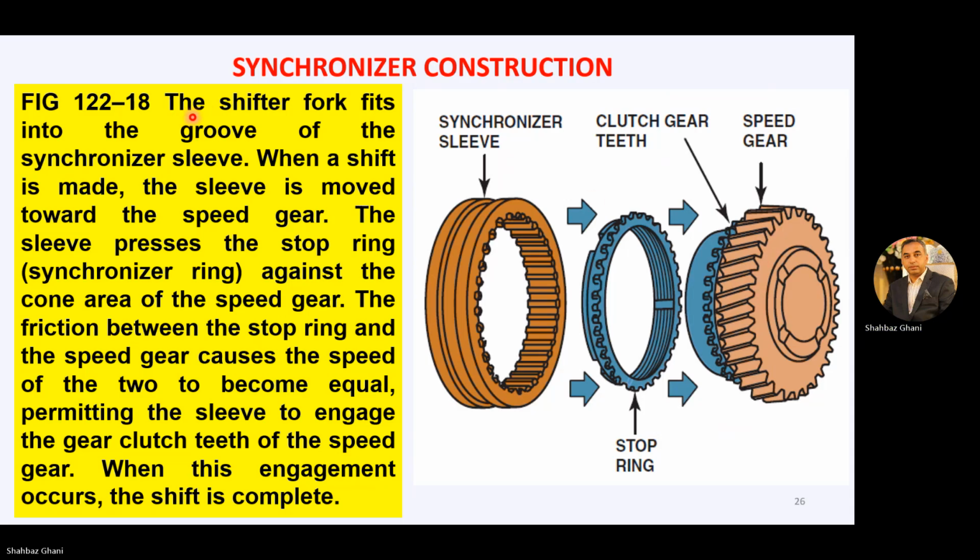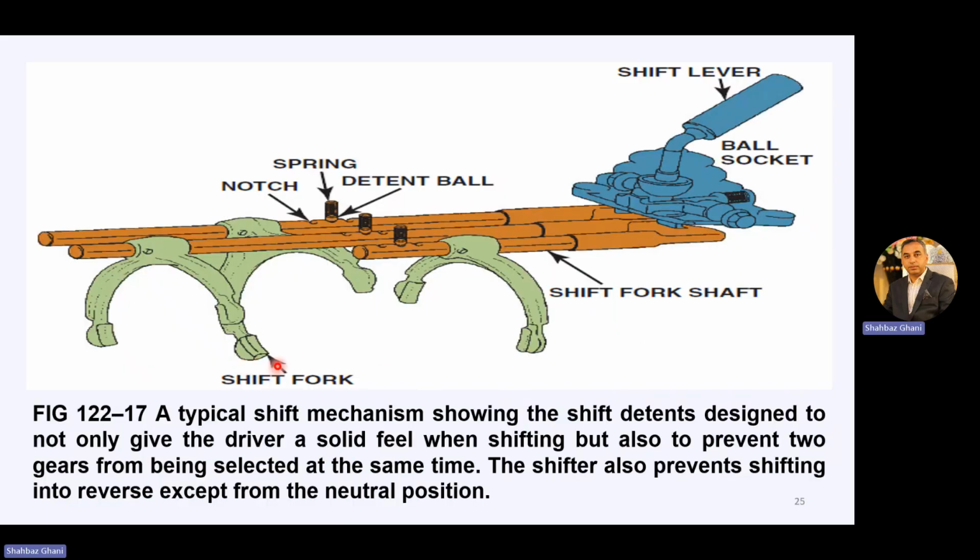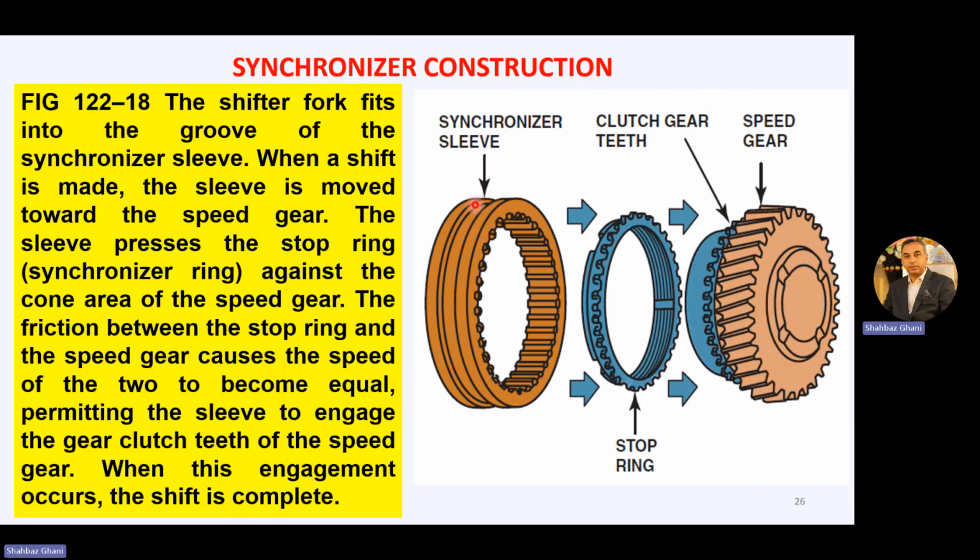The shift fork fits into the grooves of the synchronizer sleeve. When a shift is made, meaning we have to change the gear, the sleeve is moved towards the speed gear.